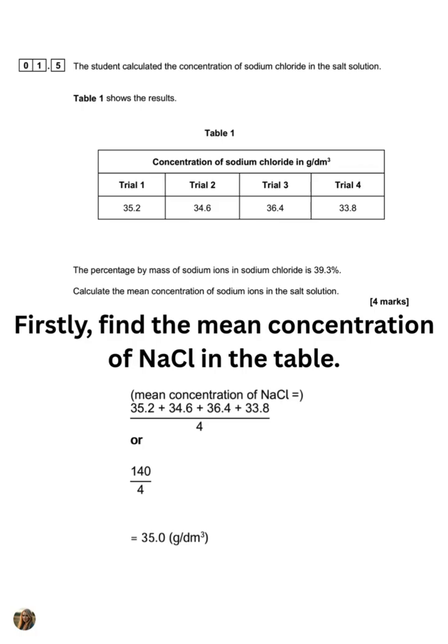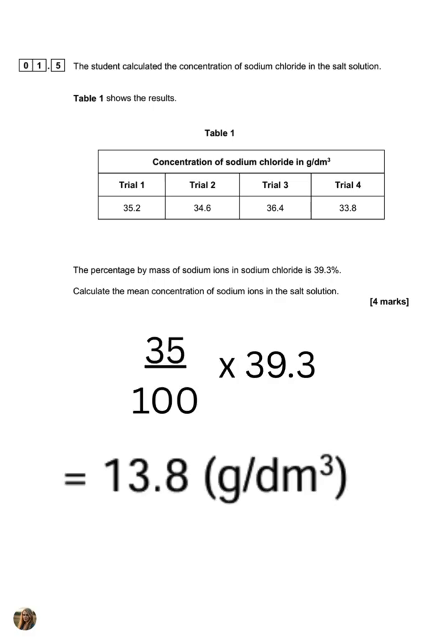Now, there isn't anything in the mark scheme to say that if you get the final answer correct, you'll get all 4 marks. In fact, just for this first part where we're calculating the mean concentration of sodium chloride, which is worth 2 marks, there's 1 mark for the answer, but there's specifically a mark for showing your working. Right, so I've written my answer slightly differently to the mark scheme, just to try and explain logically how to do this.